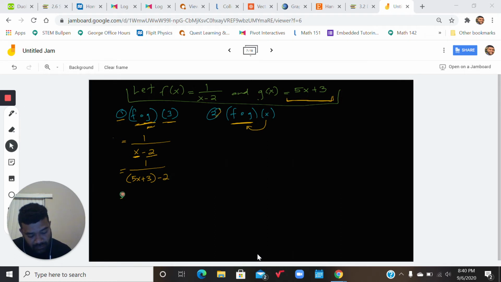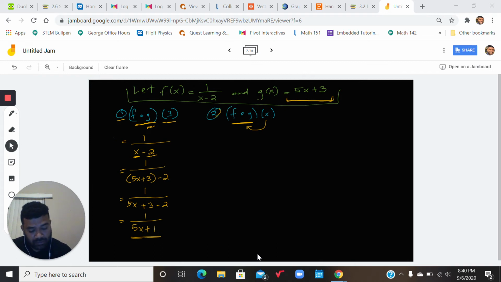If I solve it further, I will have 1 over 5x plus 3 minus 2. You remove the parentheses, and you will have 1 over 5x plus 1. And you've combined the two functions together.